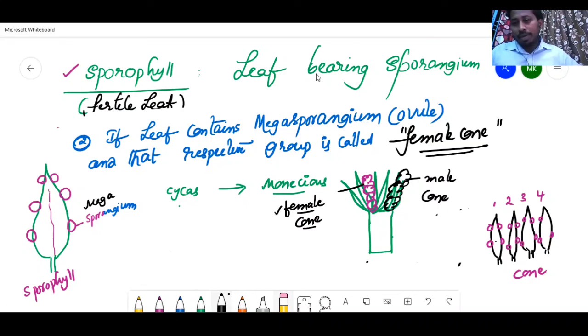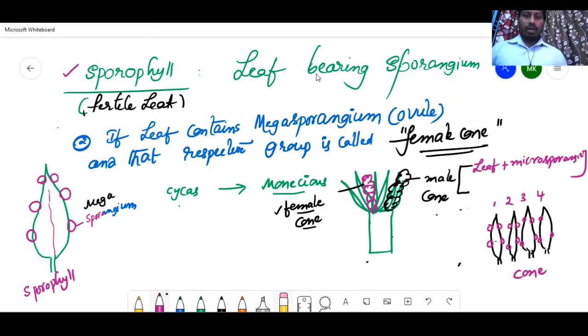Whereas here, male cone, which type of leaves will have here? Yes, leaf will have microsporangium on its surface. This is clear now? That's all. Now you are clear with male and female cone, and monoecious and dioecious plant.